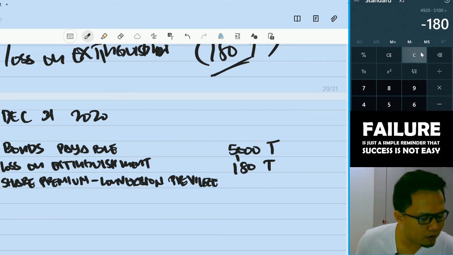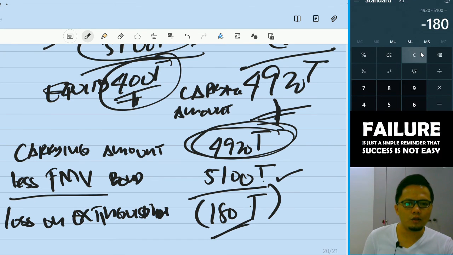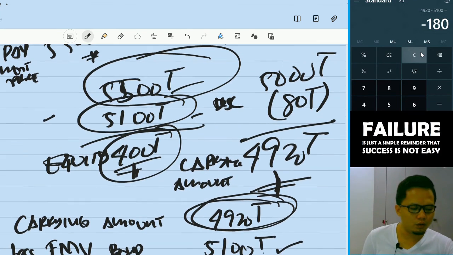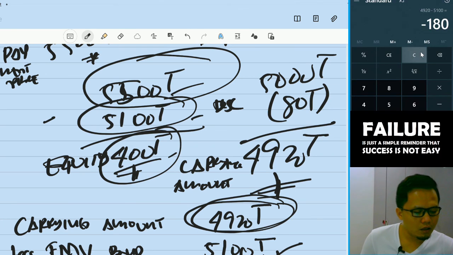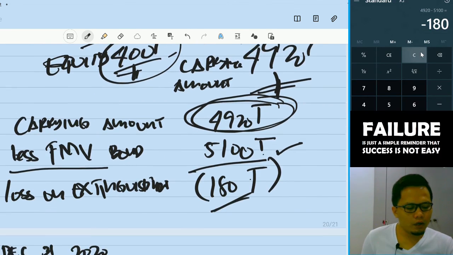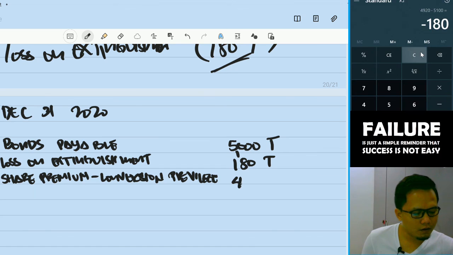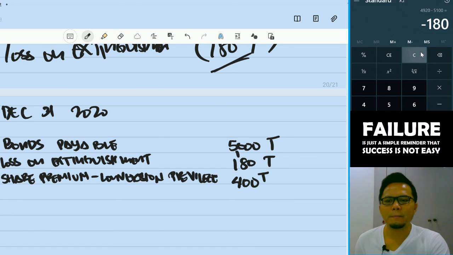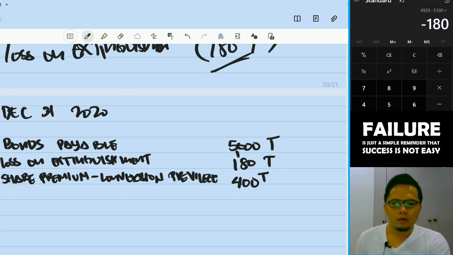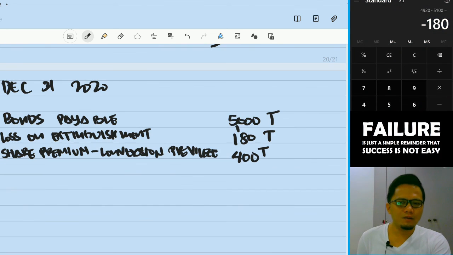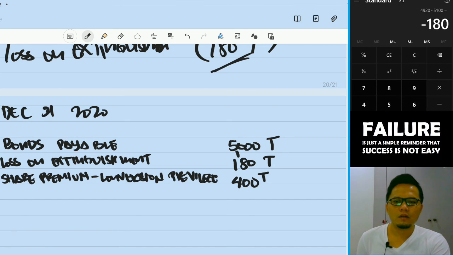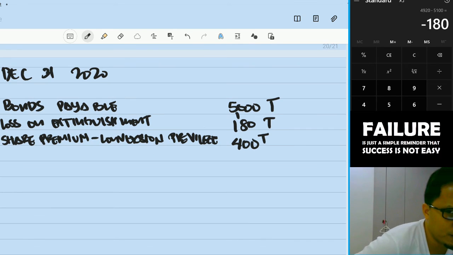Ito yung sinasabi natin kanina na as if binayaran din yung share premium conversion na 400,000. Okay?